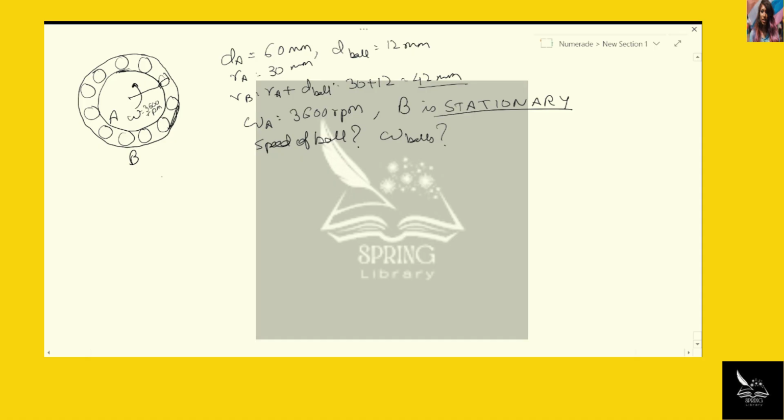Again, as I repeat in every problem, there are two principles. You break the motion into translation and rotation, and points of contact have the same velocity. So let us analyze one of these small balls.